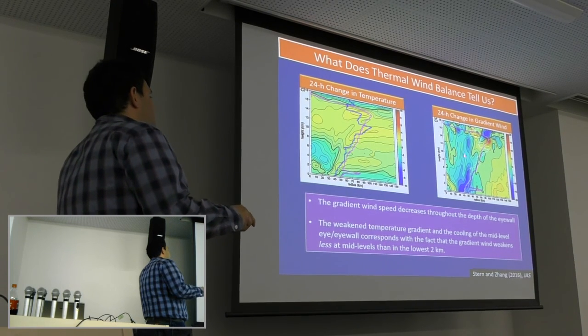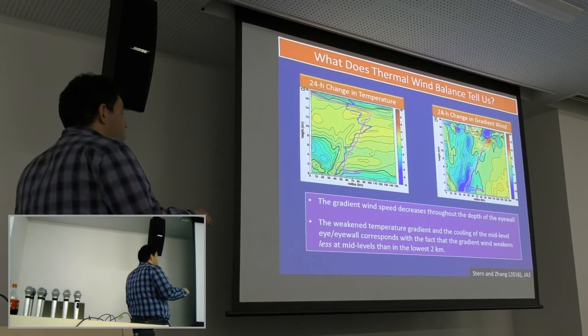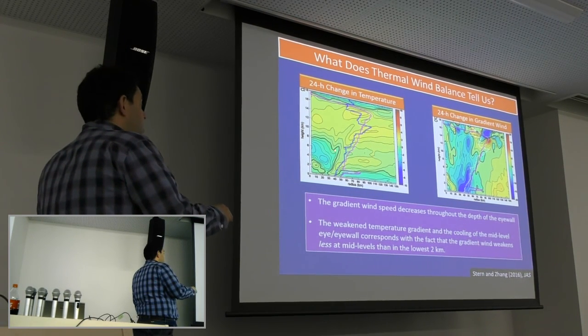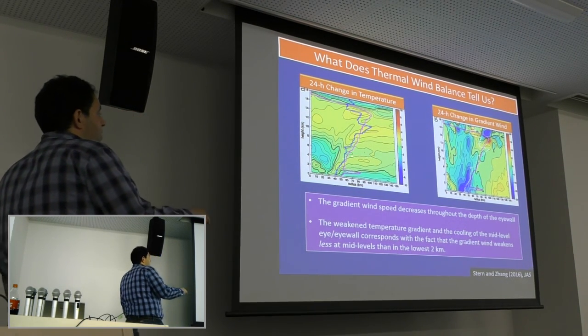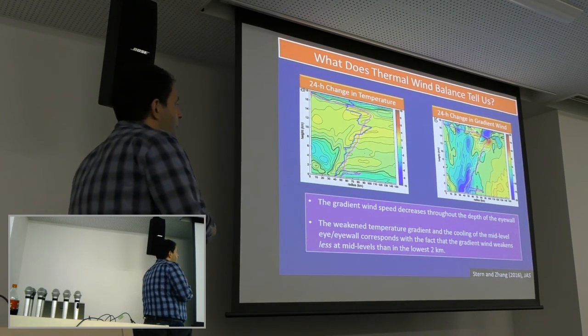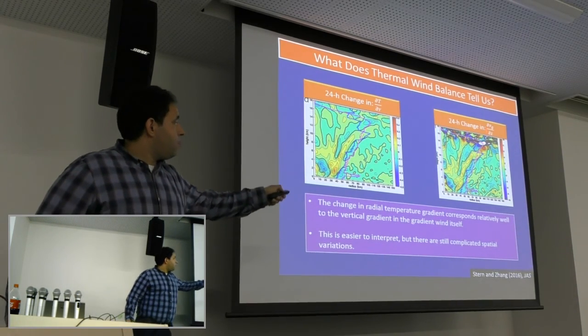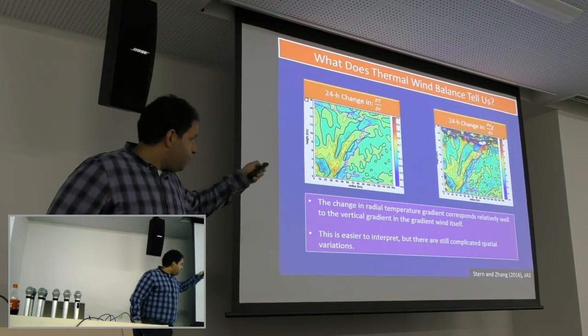But the weakened temperature gradient, which is associated with this cooling of the mid-level eye and somewhat warming of the eyewall, is a weakening of the temperature gradient. As I just showed you, what that's associated with is the vertical gradient of the gradient wind.